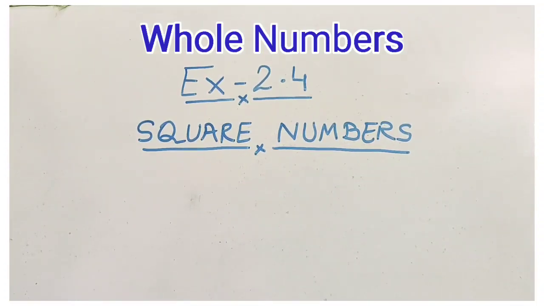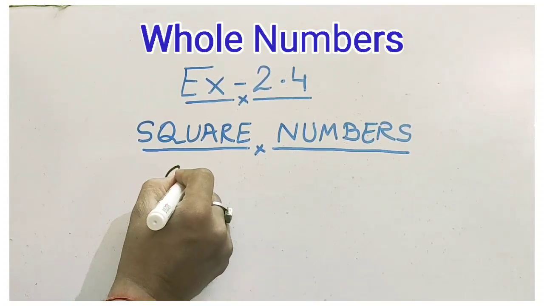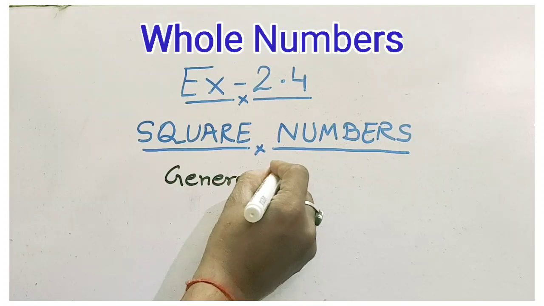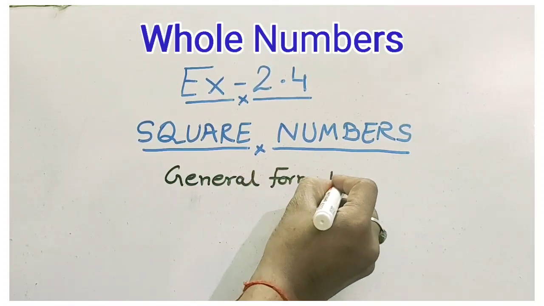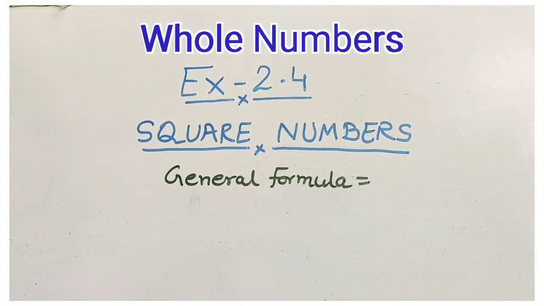Okay students, the next topic is square numbers. Like triangular numbers, square numbers are the numbers that can be represented in the form of a square. Let's take some examples. First, I would like to tell you the general formula to find the square numbers. The general formula is n square.